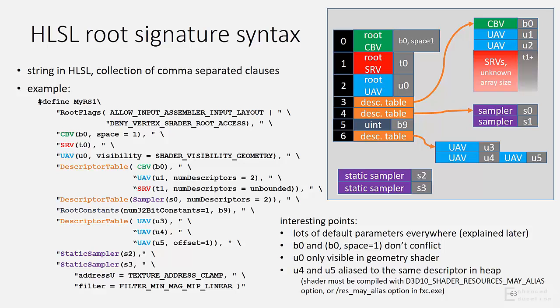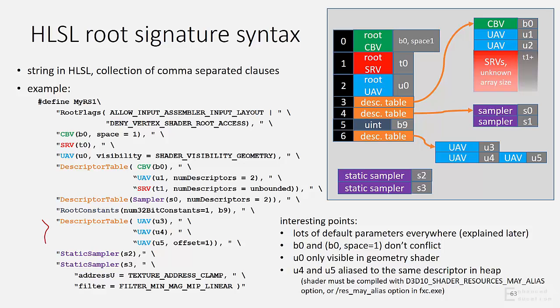The second descriptor table here defines a couple of samplers that would end up in a sampler descriptor heap. Then we have a definition of a root constant. Another descriptor table, this one with a couple of UAVs.